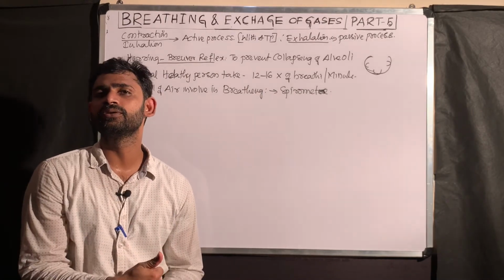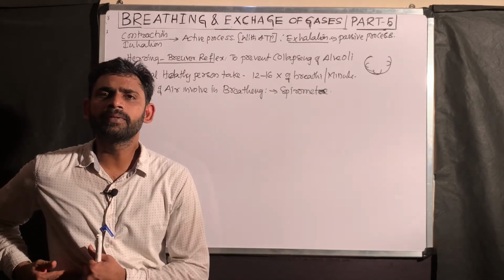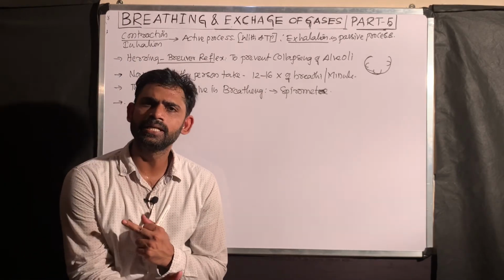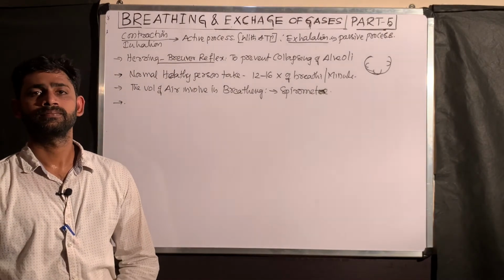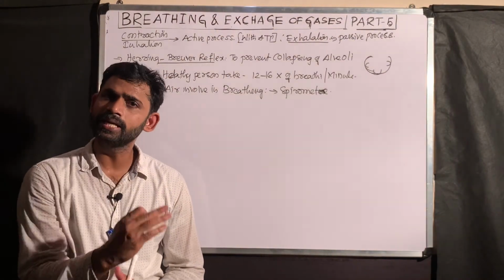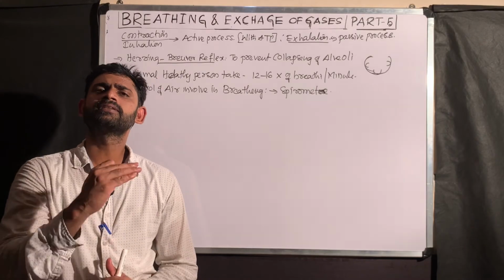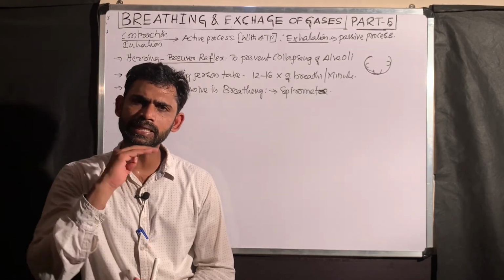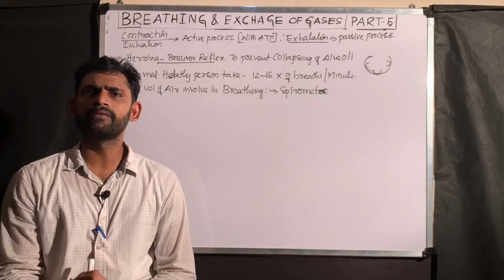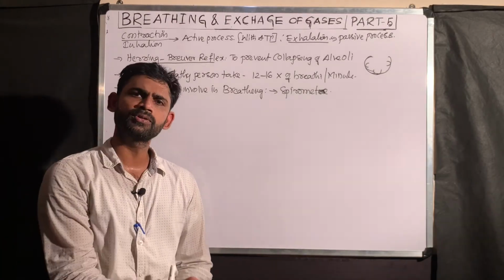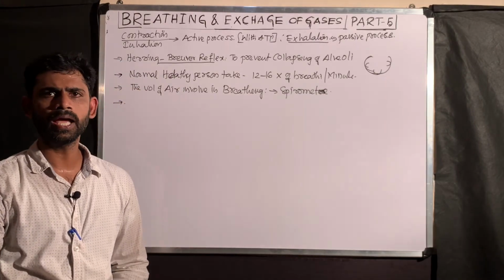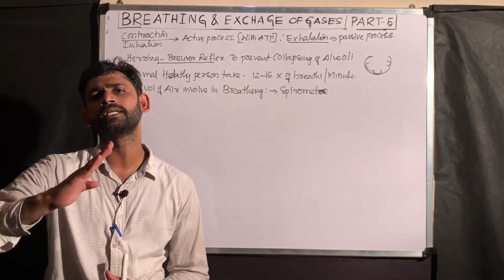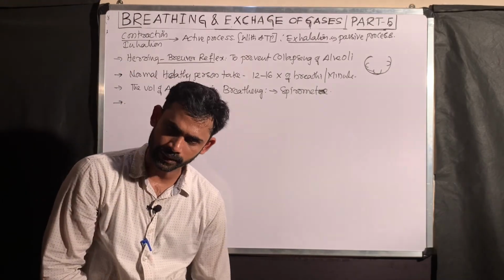What is the reason? Invisibly, the diaphragm got fractured. When the diaphragm is fractured, the person will die. This shows that the diaphragm plays a very vital role during normal breathing. After the diaphragm, the external intercostal muscles play an important role.